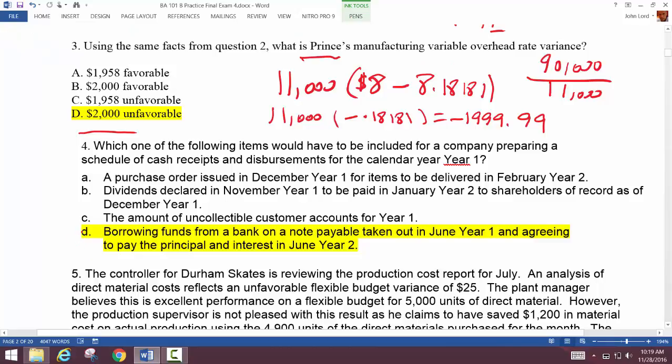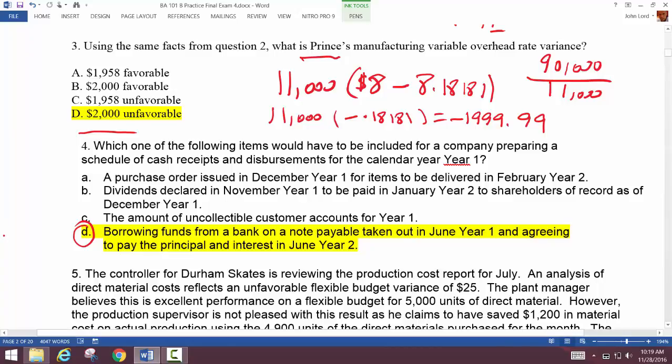So the answer is D, borrowing funds from a bank on a note payable taken out in year 1 and agreeing to pay the principal and interest in year 2. You look at that and it could get confusing because you're saying you're not going to pay for it until year 2, but we are going to have a cash receipt from the borrowing in year 1, right?